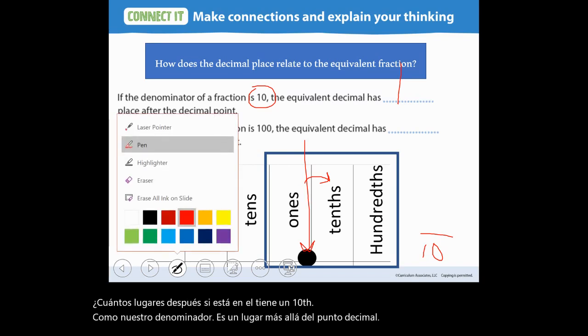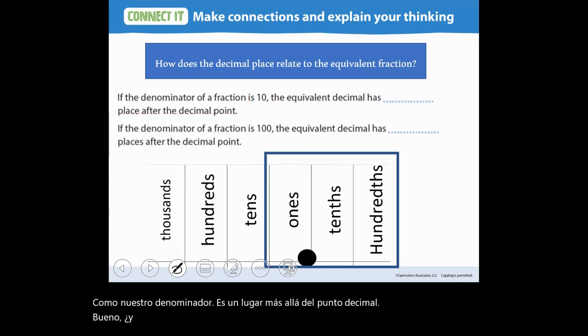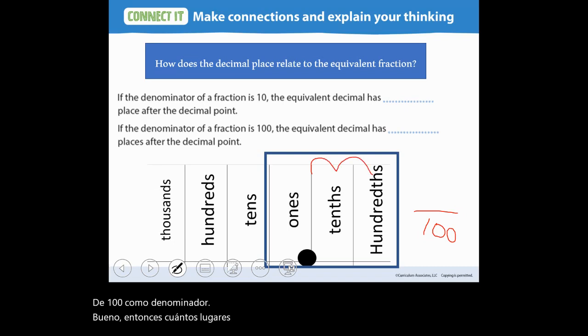Well, what if I have a fraction with 100 as the denominator? Then how many places is that past our decimal point? 1, 2 places past our decimal point.